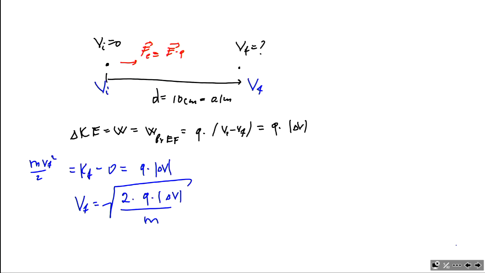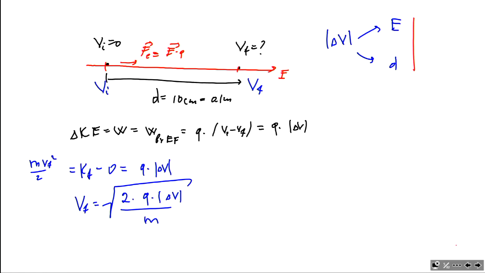But now we can search for a connection between potential difference, electric field strength, and the distance between 2 points on electric field line. So we always search first for the existence of a connection.